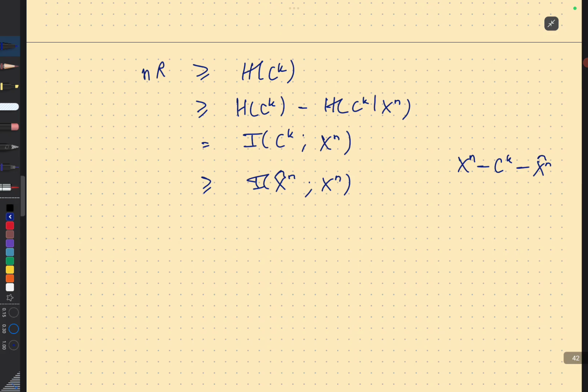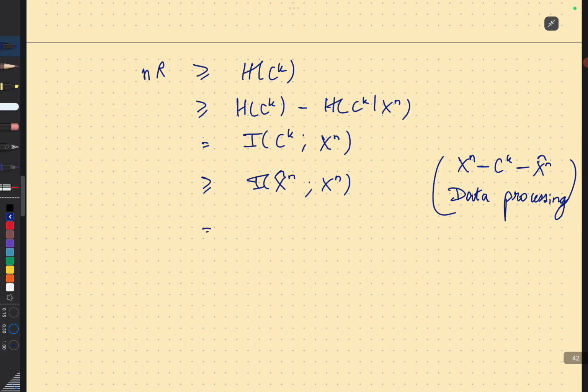So X^n, C^K and X^n hat form a Markov chain. So by the data processing inequality, the mutual information between X^n and C^K can only be larger than the mutual information between X^n and X^n hat.